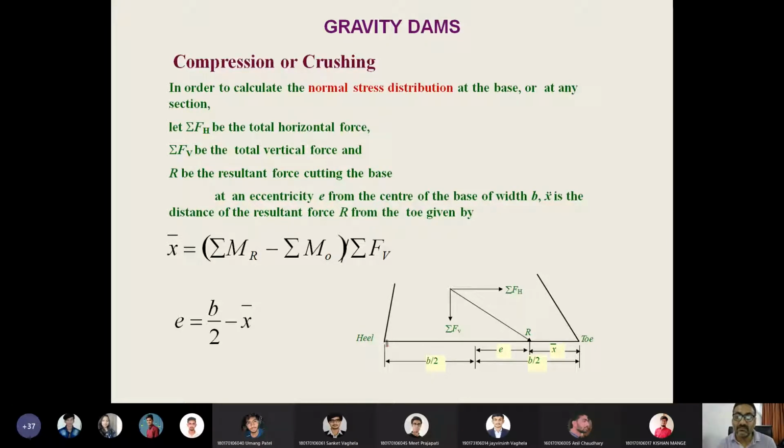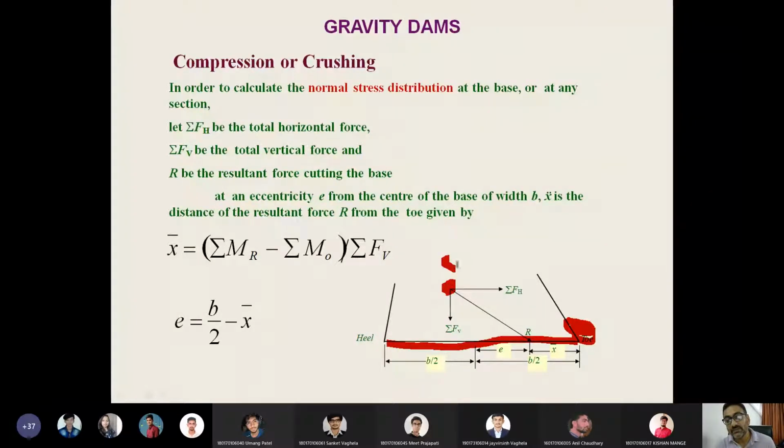This is the base of the dam. And we do the analysis here only to check whether this toe is safe or not, whether this will crush under the conditions which are adverse or favorable. And the resultant force R acts at the CG of all the forces.